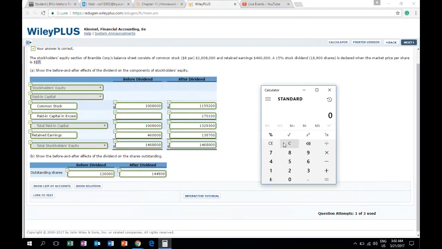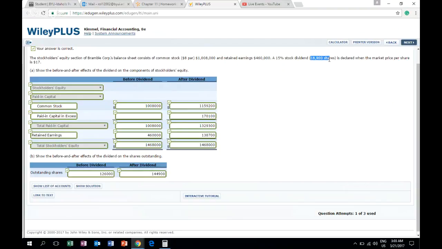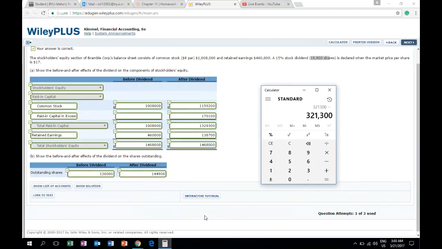So we take 18,900 times 17, which gets us 321,300. And for all intents and purposes, I'm just going to subtract the 18,900 from the stock dividend.